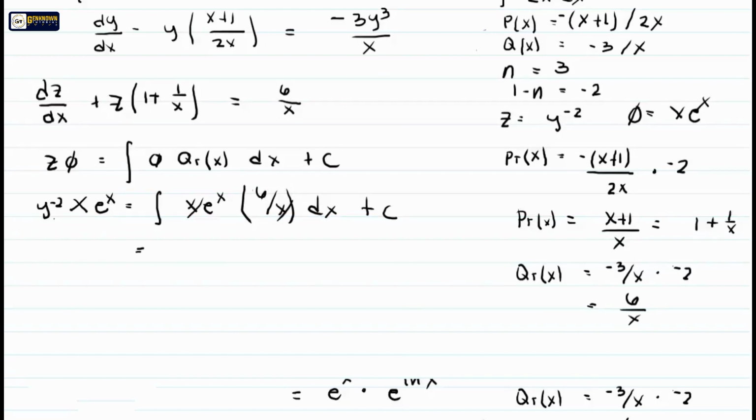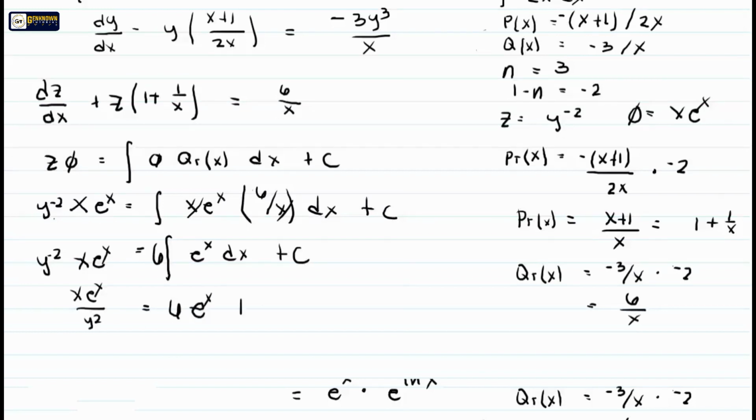So this is also equal to 6 times the integral of e raised to x dx plus c. So x e raised to x over y squared is equal to 6 multiplied by the integral of e raised to x dx, which is e raised to x, plus c.